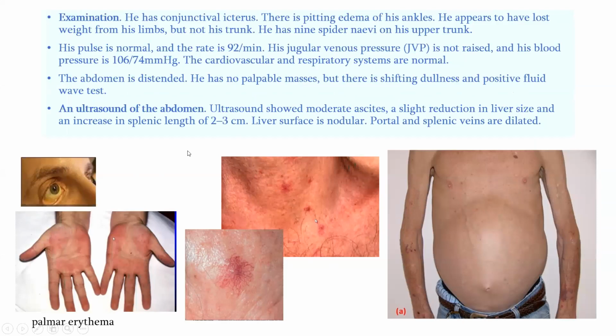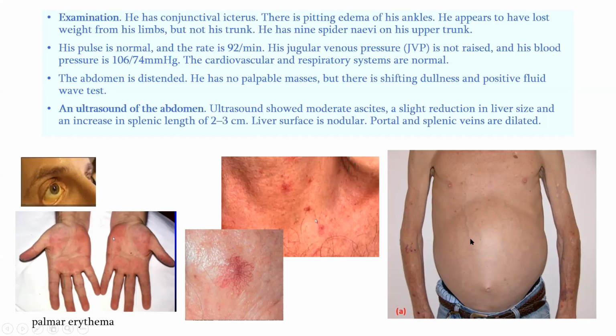His pulse is normal, heart rate 92 per minute, blood pressure is normal, and there are no problems in the cardiovascular and respiratory systems. His abdomen is distended.